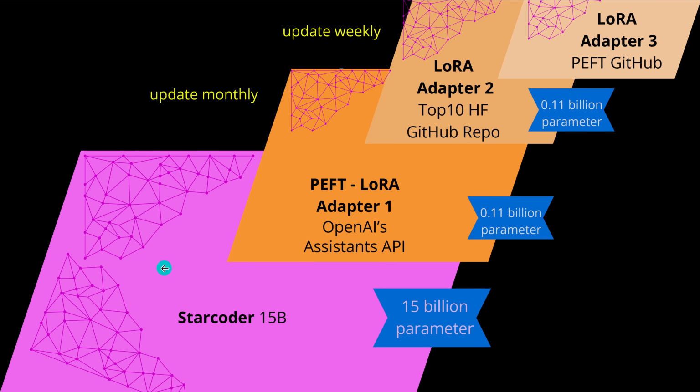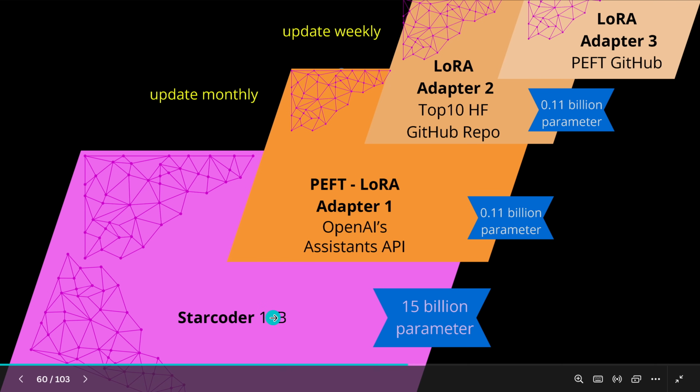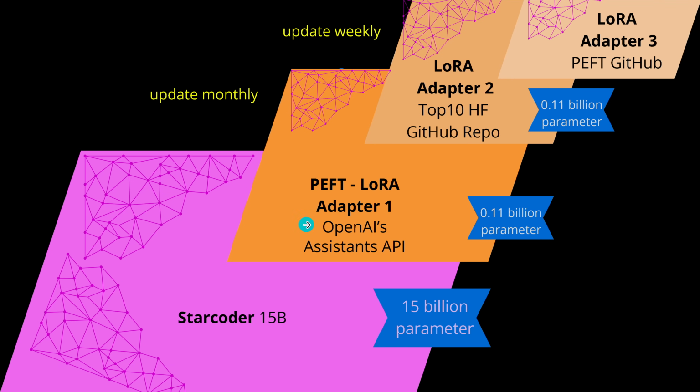You have your base model, then you have your parameter efficient fine-tuning, but you do not merge the weights, but you leave it here in this fine-tuned layer. So you have all the knowledge of the StarCoder, and the fine-tuning only happens for the particular task of learning the new assistant API notation, only happens in this layer.